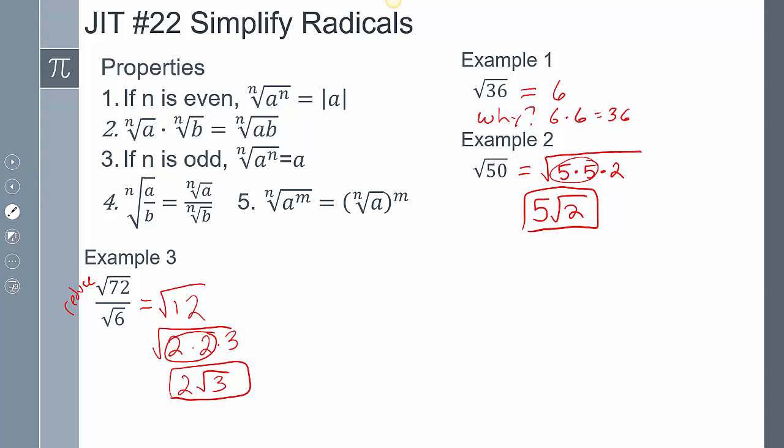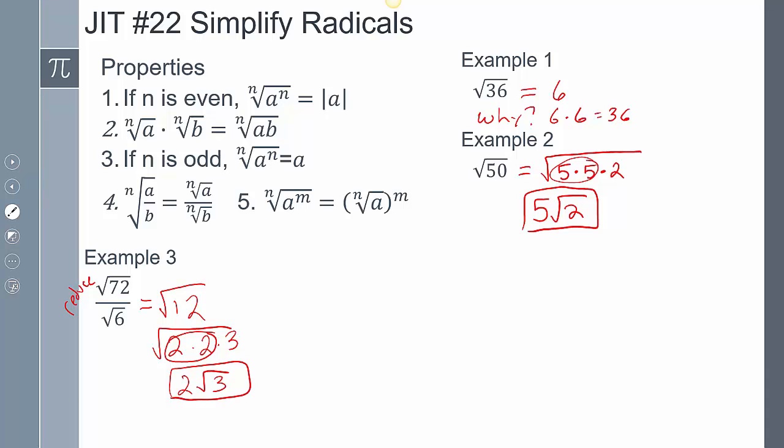Just like with an exponent, you can distribute this root. It's not really distributing, that's the wrong verbiage, but it's like distributing, where it becomes the nth root of the top over the nth root of the bottom like this.